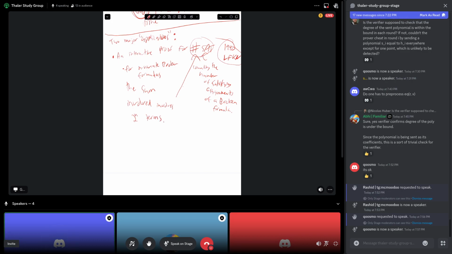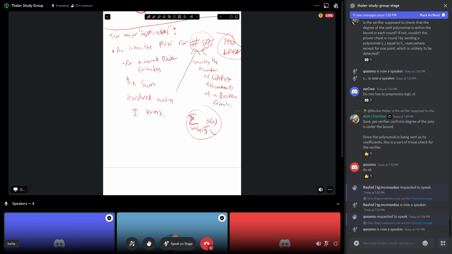In SNARK applications, if you're computing the sum over x in {0,1}^n of g(x), this n is like log circuit size. And so summing over 2 to the n terms is like circuit size. Okay, and so that's fine.